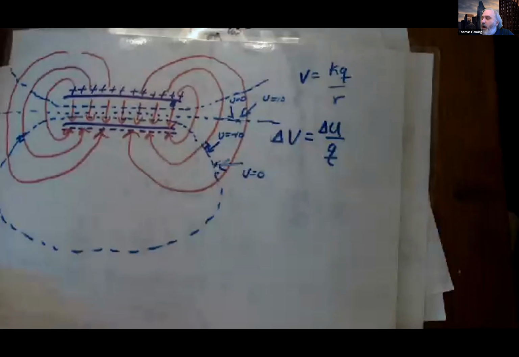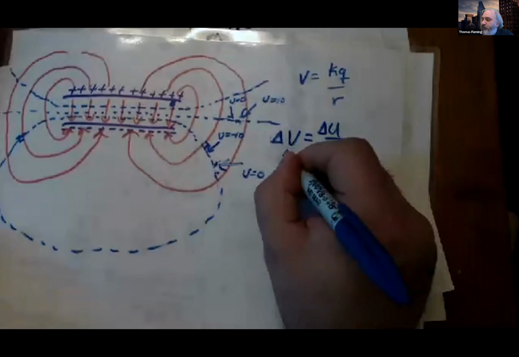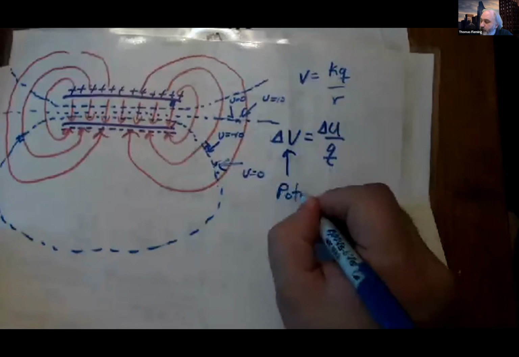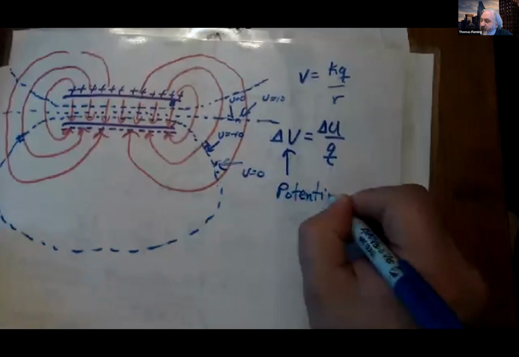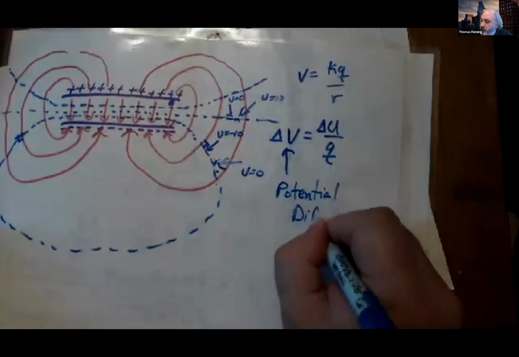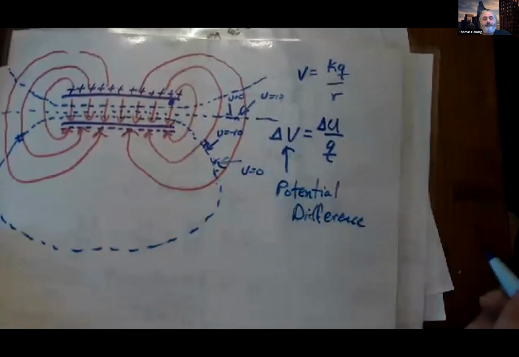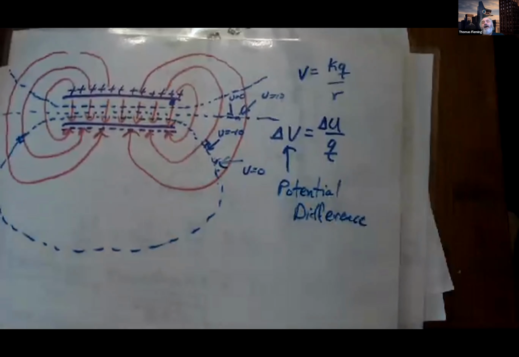So there's a term we often use for delta V called the potential difference. And it just means how different V is at one location compared to some other location. And regardless of where we call 0 volts, the potential difference will always be the same no matter what.